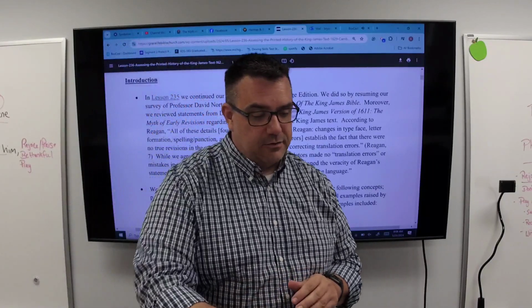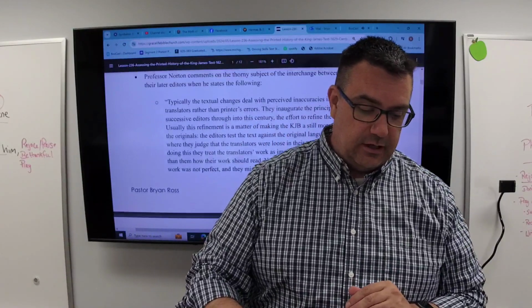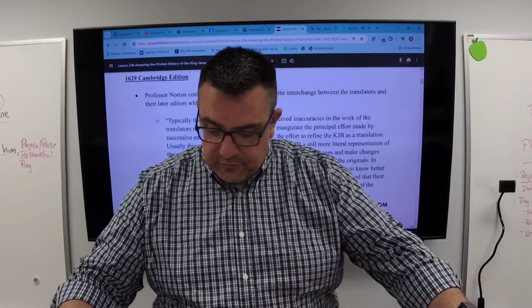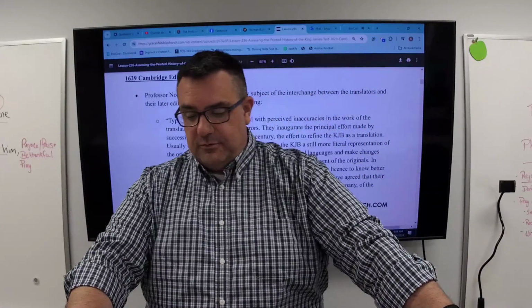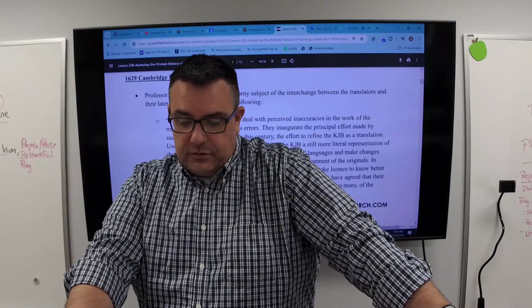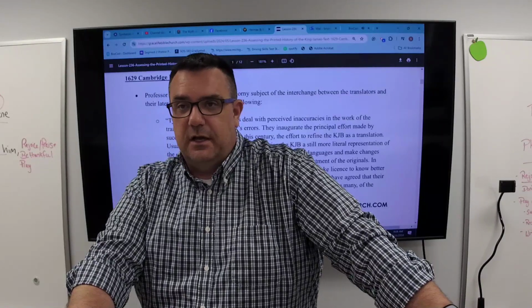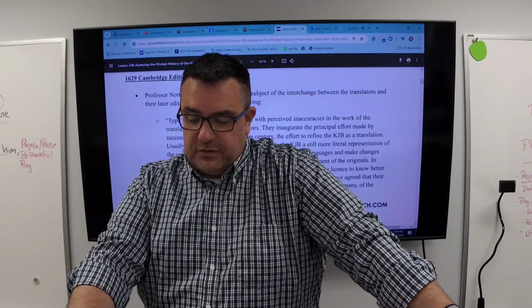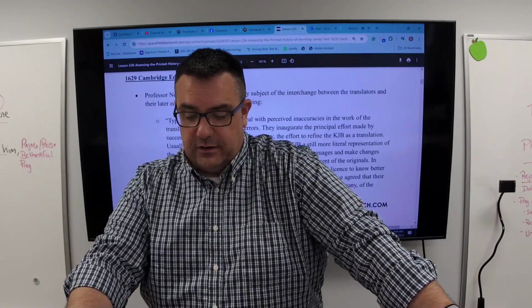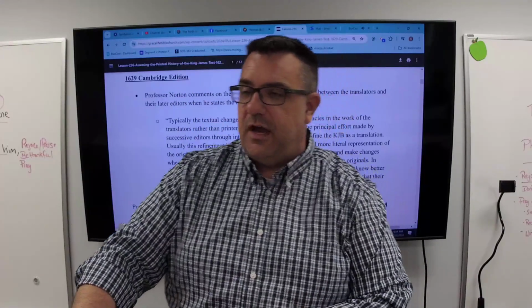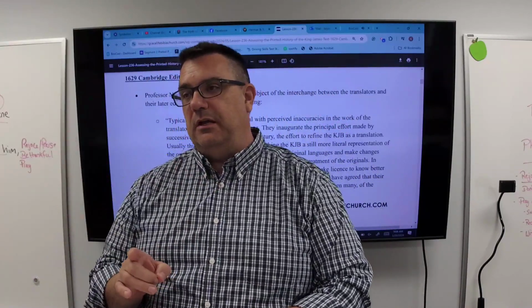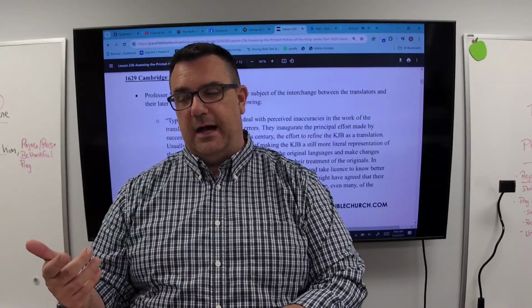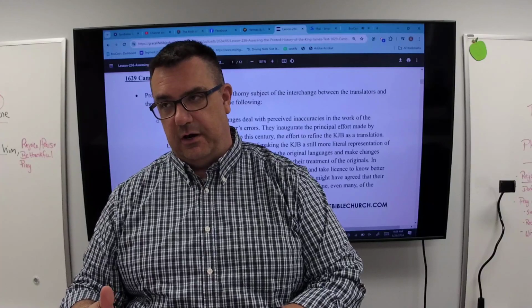So what I want to do now is continue our discussion of the 1629 Cambridge. All right? Professor Norton comments on the thorny subject of the interchange between the translators and their later editions when he states the following, quote, "typically the textual changes deal with perceived inaccuracies in the work of the translators rather than printers' errors." So it is Norton's opinion that the majority of what is going on here is not the fixing of printers' errors.